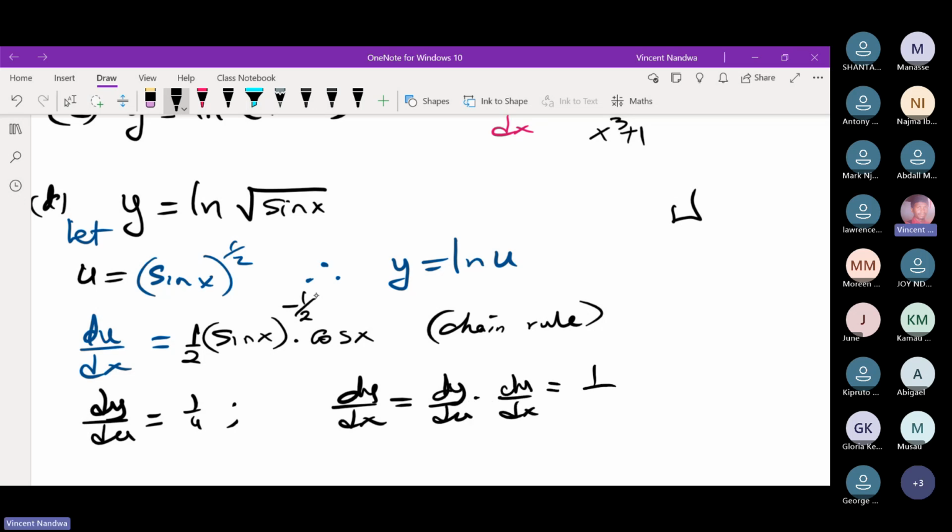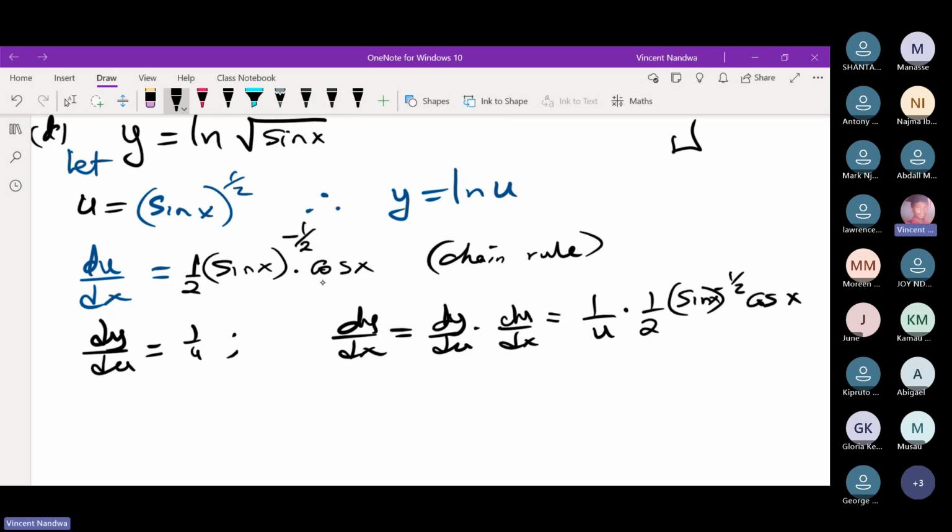So which will be 1 over u times a half sine x power negative a half, then times cos x. So which will be a half.